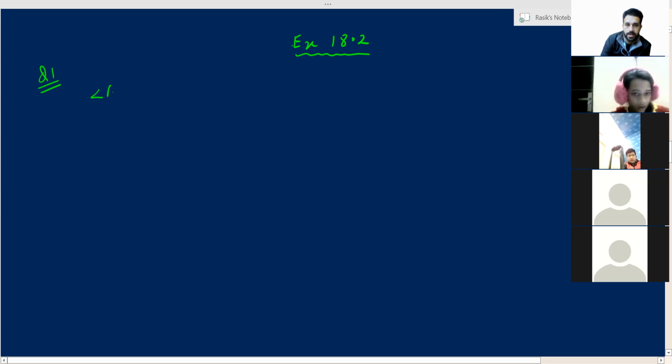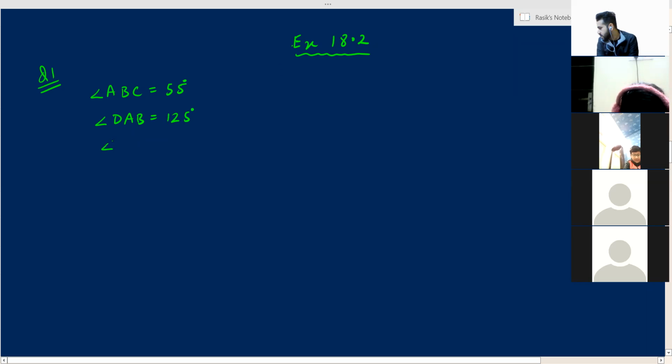Angle ABC is given 55 degrees. Angle DAB is given 125 degrees. And angle BCD is 55 again. We have to find the measure of angle CDA.